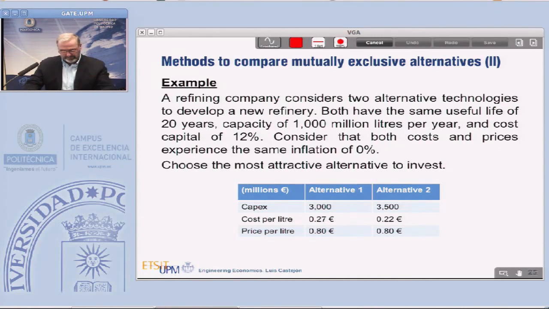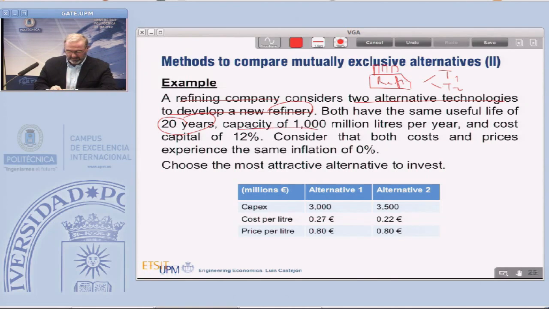Let's see an example. A refining company considers two alternative technologies to develop a new refinery. So they want to construct a new refinery. They have technology 1 and technology 2. Both have the same useful life of 20 years.